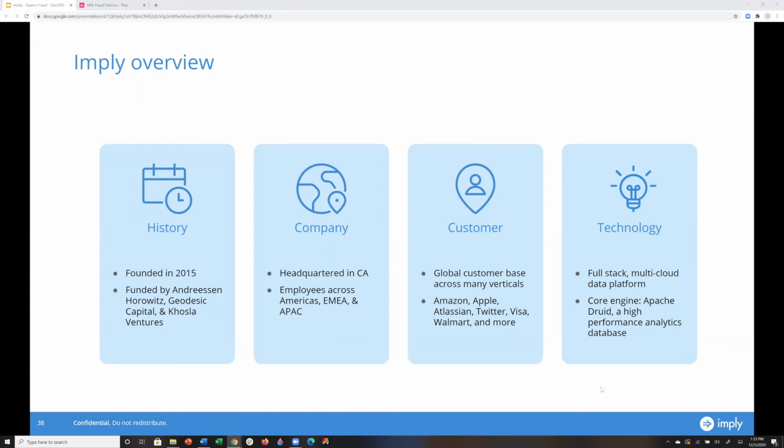And so we got incorporated in 2015 to commercialize Apache Druid, and backed by Andreessen Horowitz, Geodesic Capital, and Costello Ventures. And we are headquartered in California, have presence globally across different regions, and have a global customer base across many different verticals, including financial institutions. As you can see here, we have several common household names like Amazon and Apple and Twitter as our customers.